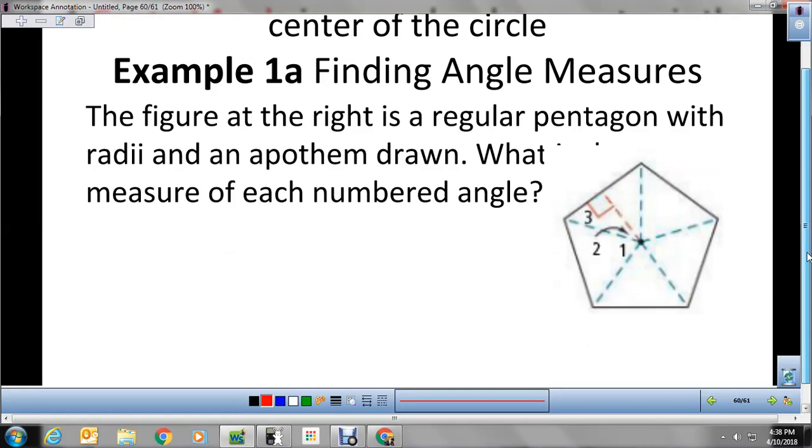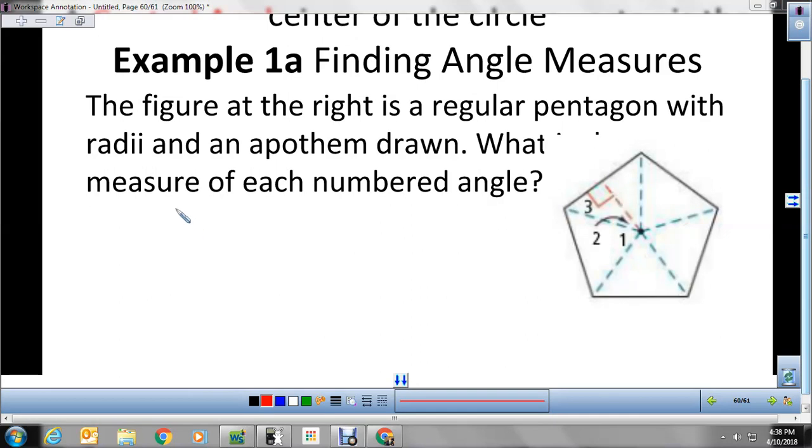So I'm going to give you a little bit of setup for this lesson. The first one we're going to find is angle 1, and I have a name for each one of these. Angle 1 we're going to call the central angle. The central angle is the angle formed around the center of our polygon.